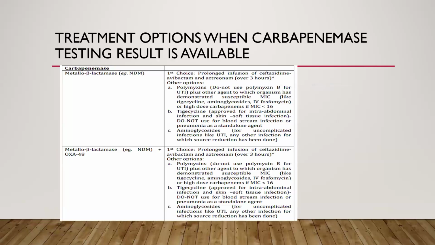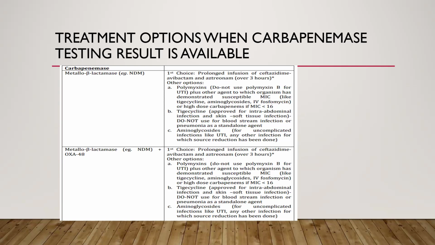Now the treatment option when carbapenemase testing is available. If we know that the strain is NDM producing, then the first choice will always be the prolonged infusion of ceftazidime-avibactam and aztreonam over 3 hours. And the other options are polymyxin plus an agent to which the organism has demonstrated susceptible minimum inhibitory concentration, like tigecycline, aminoglycoside, fosfomycin, and high dose carbapenem.